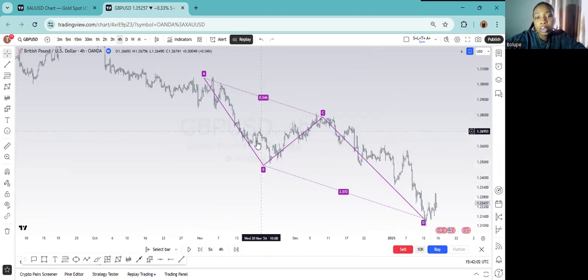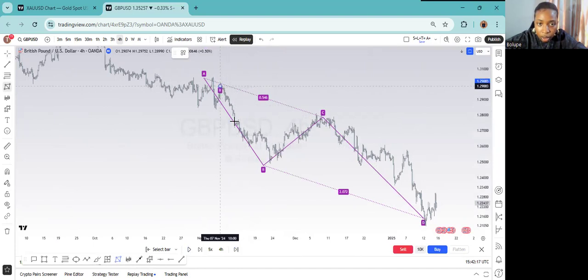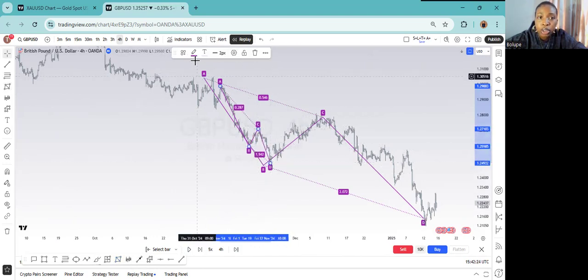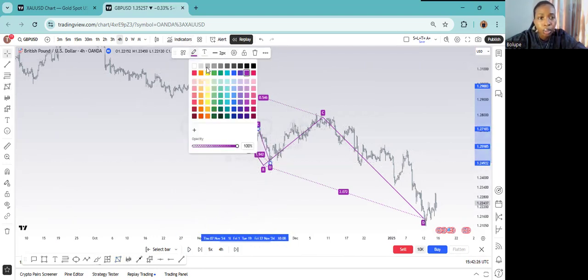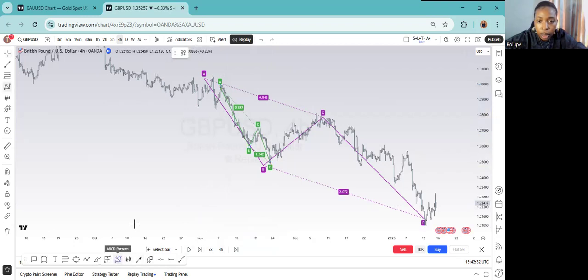On 4 hour, it still looks almost the same, but we had some fluctuations inside here. So basically what I'm doing is highlighting all the point A to point B to point C to point D on every time frame. That's what I'm doing.